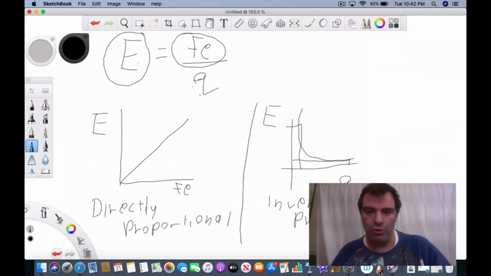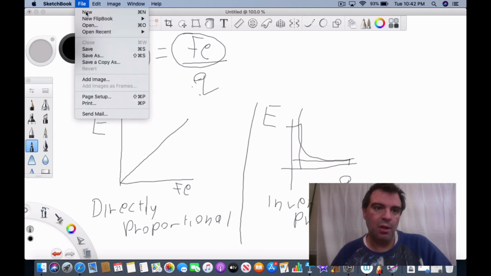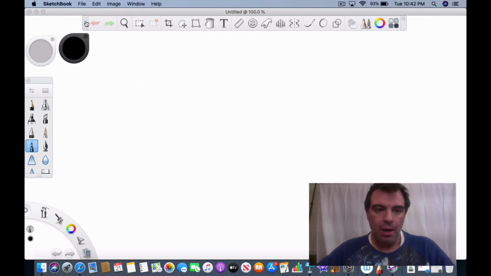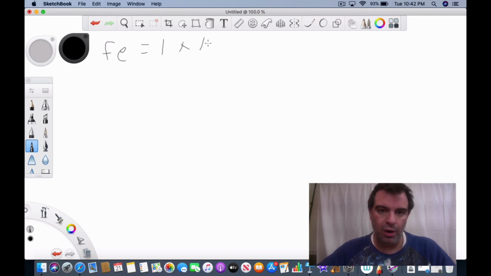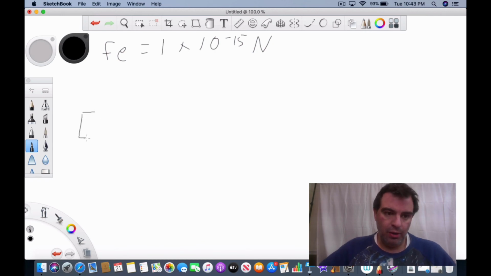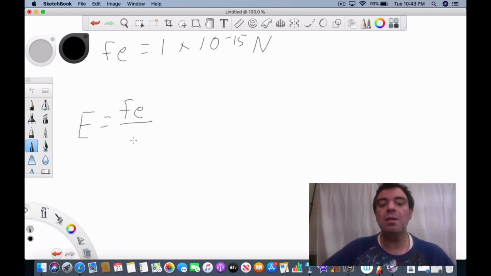Going back to our sketchbook, let's open up a new one. We said that the electrostatic force that the electron is going to experience is 1 times 10 to the negative 15 newtons. As we know, electric field strength is the electrostatic force divided by the Coulombic charge, and we're trying to find the electric field strength.